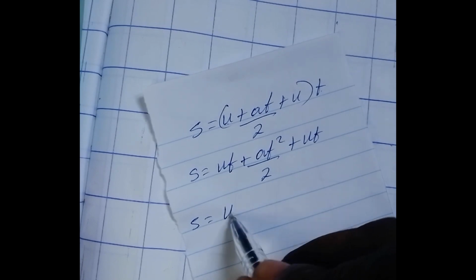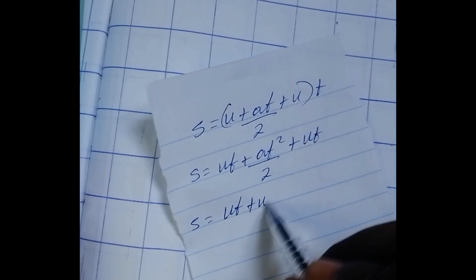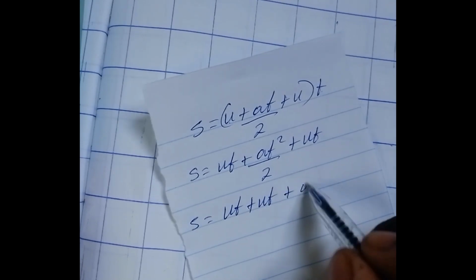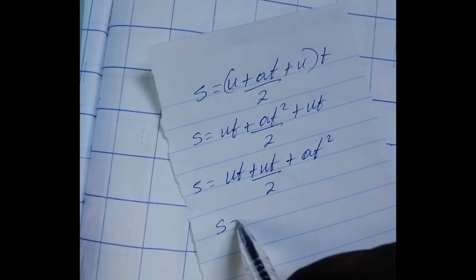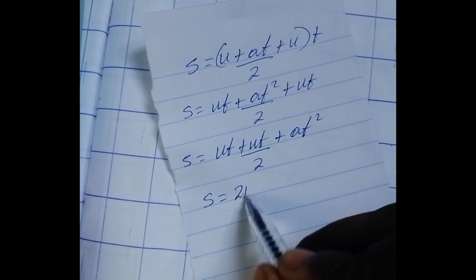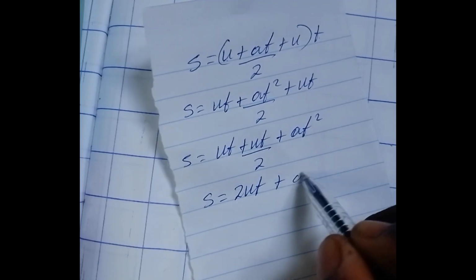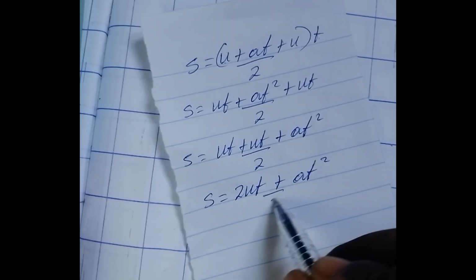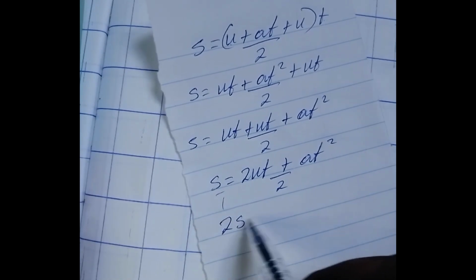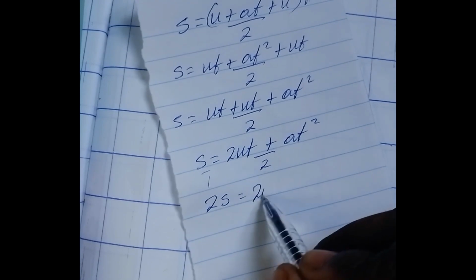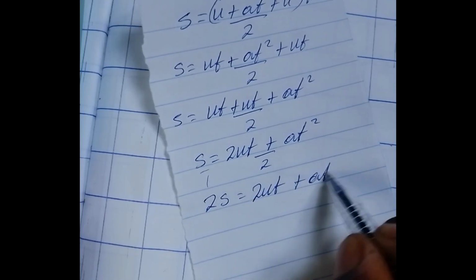So I will be having ut plus ut, plus at square, divided by 2. So I have s equals 2ut plus at square divided by 2. So in this case, I can cross multiply and I have 2s equals 2ut plus at square.